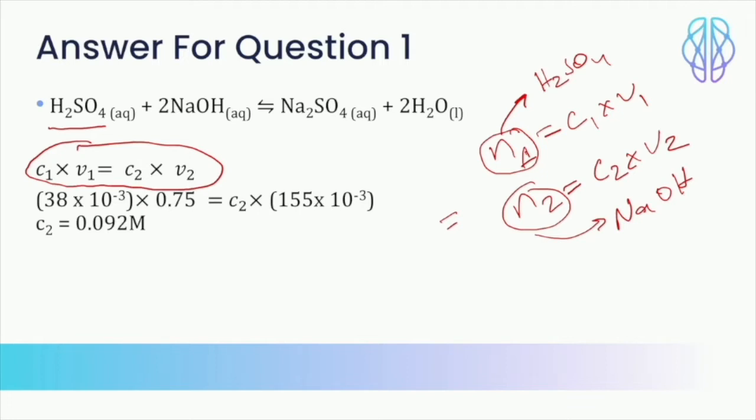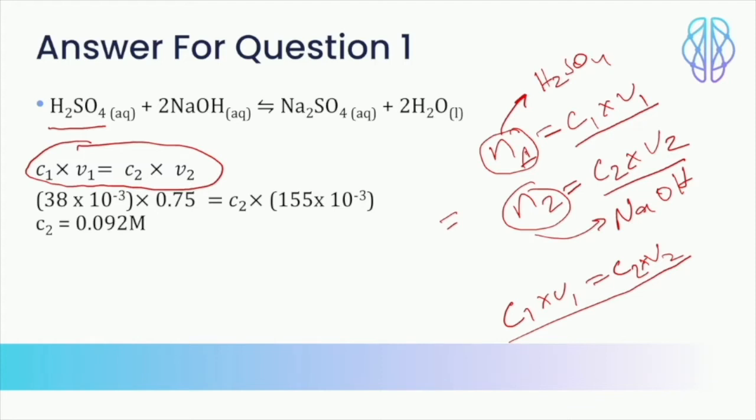Thus, the product of their concentration and volume will also be equal, and it will give you this relationship here. Thus, it's really important that you know this. It'll come up in a lot of questions throughout your whole chemistry studies, but especially in regards to titrations.